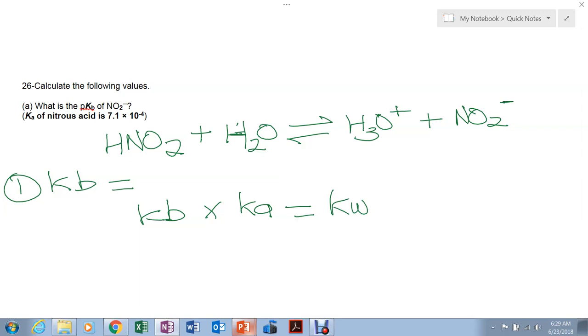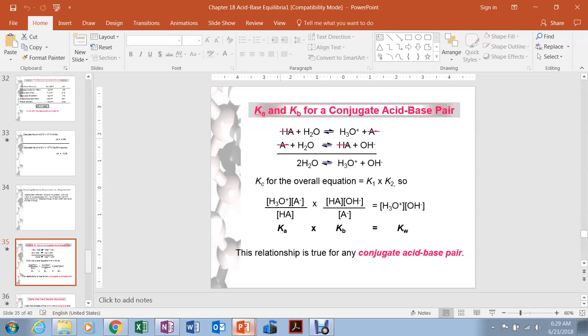And it comes from this. Let me show you real quick, and I'm going to teach it again. This is the acid, right? And this would be the conjugate base of the acid. Okay, the ionization of both. And you add them, and it gives you the auto ionization of water, which is Kw.